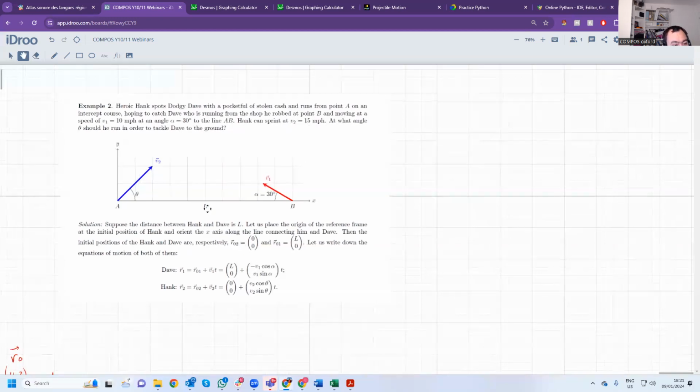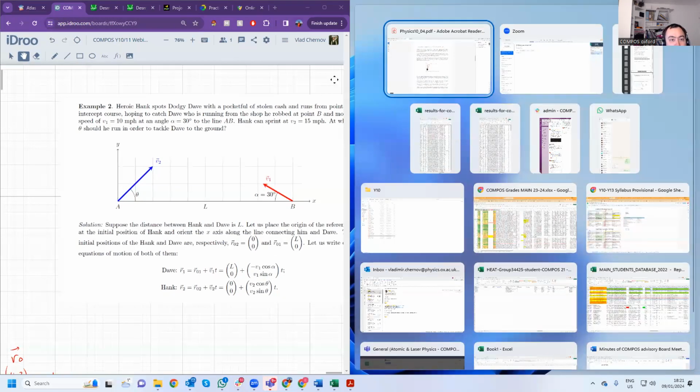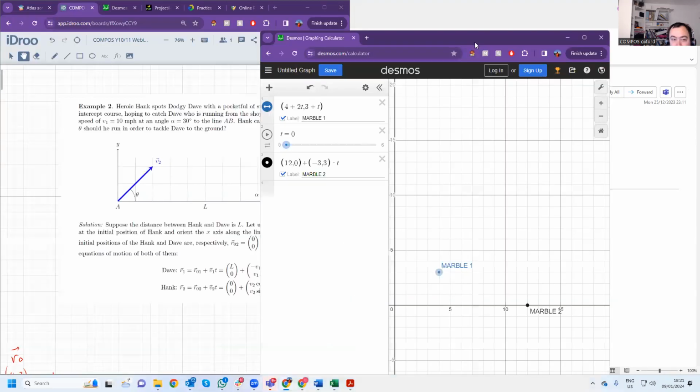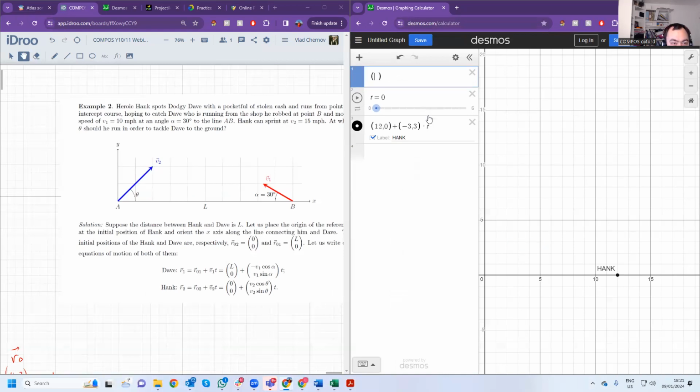Okay, so let's write the equation for Dave. Let's label it Dave, and label this Hank. Dave has the equation of motion.